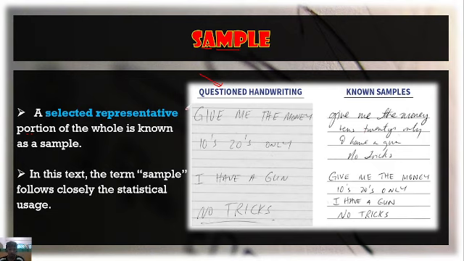And then, kunwari, kung ito ang nakasulat sa questioned handwriting, or this is the content of the questioned handwriting, it contains only some letters. So, for you to have a comparison, naghanap ka ng standard ngayon.